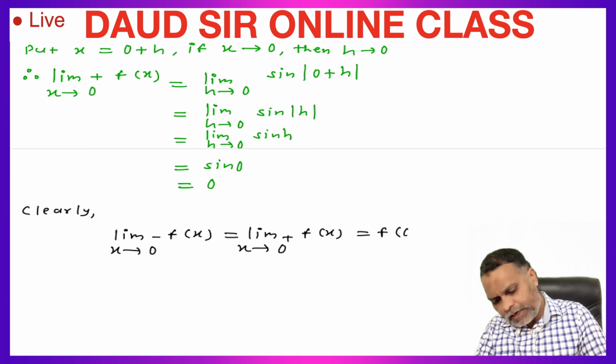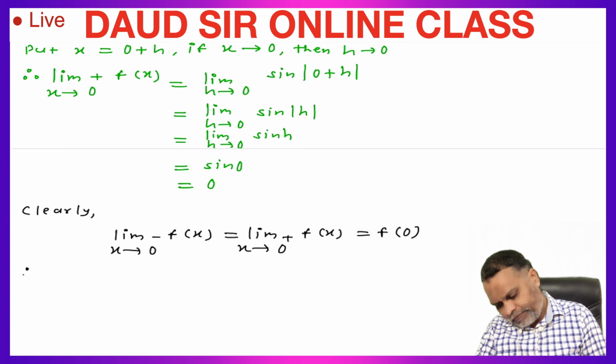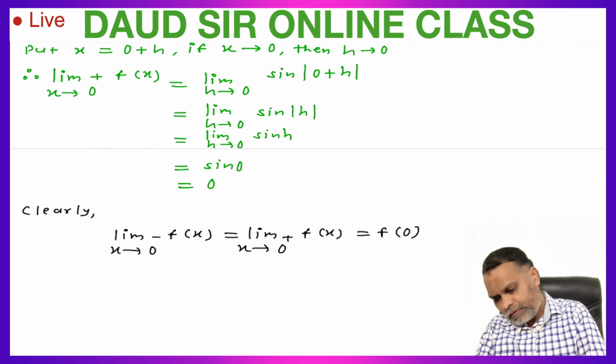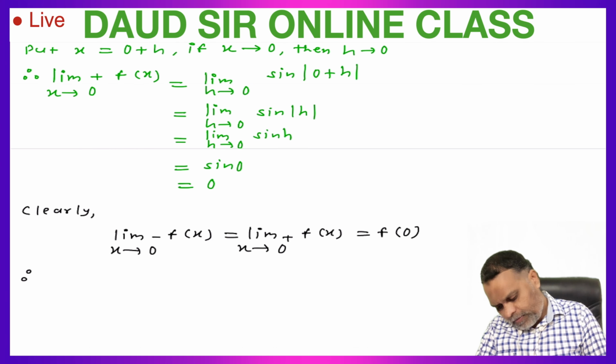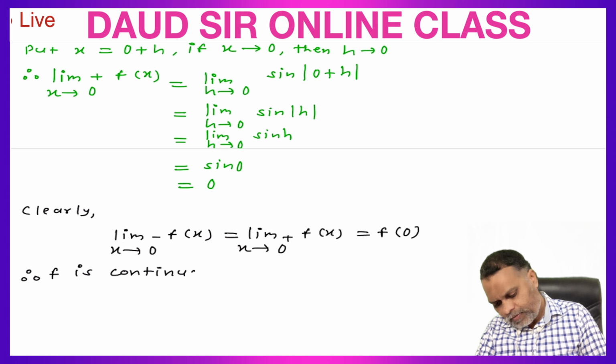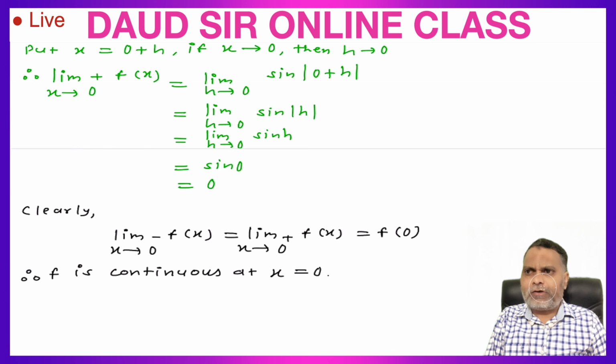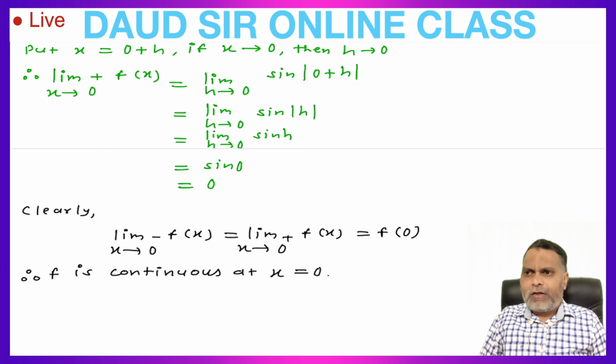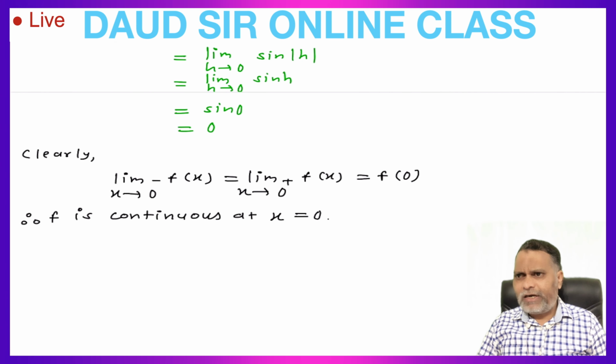All the three things are equal, so we can say therefore f is continuous at x is equal to 0. At point x is equal to 0, this function is continuous. Now we can check the continuity for greater than 0 and less than 0.